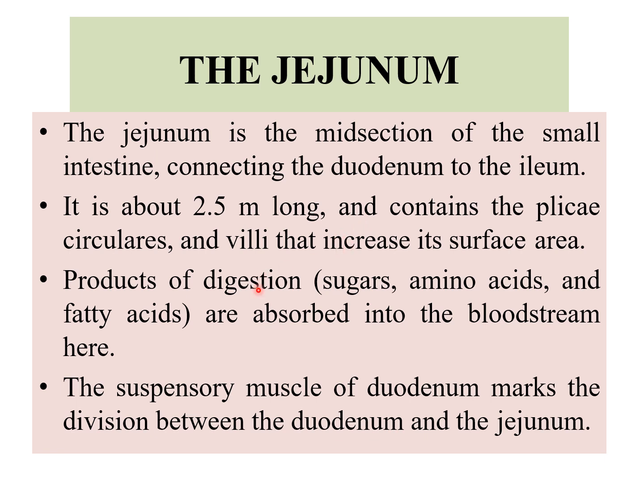The products of digestion are absorbed into the bloodstream here. Most of the digestion of food occurs here. The suspensory muscle of the duodenum, or the ligament of Treitz, marks the division between the duodenum and the jejunum.